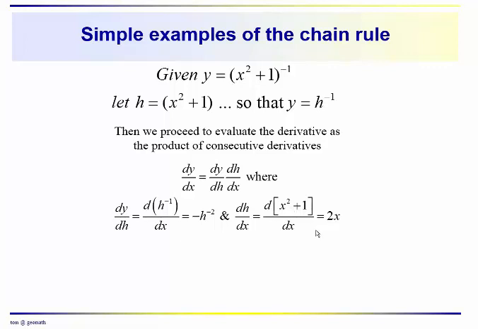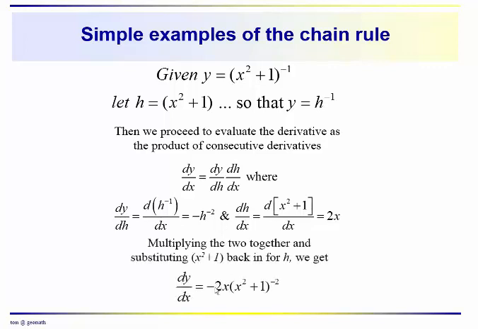And our dh/dx, which we find is equal to 2x, and then we substitute everything back in, and we find that our dy/dx is equal to minus 2x times (x squared plus 1) to the minus 2 power.